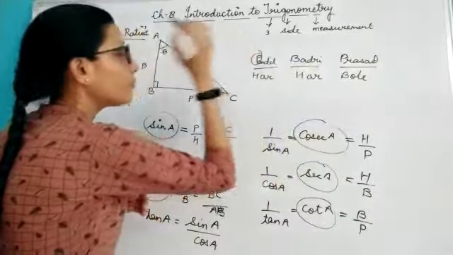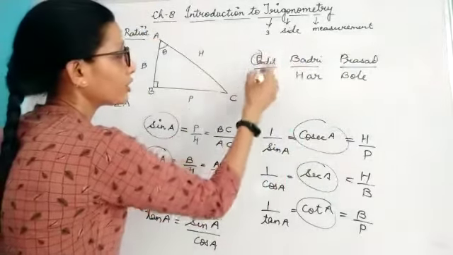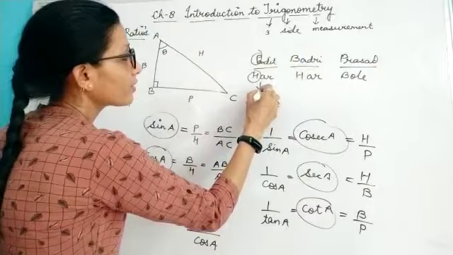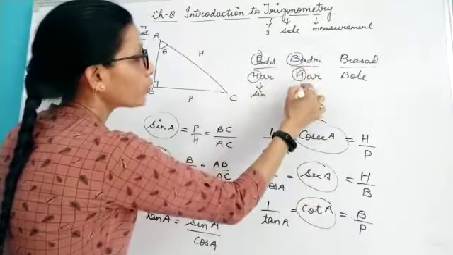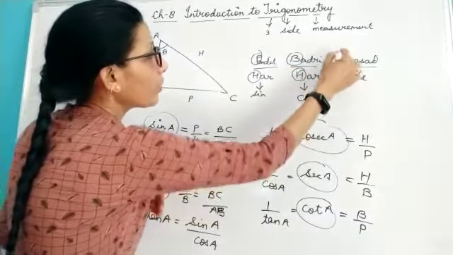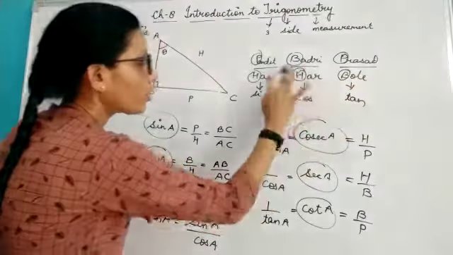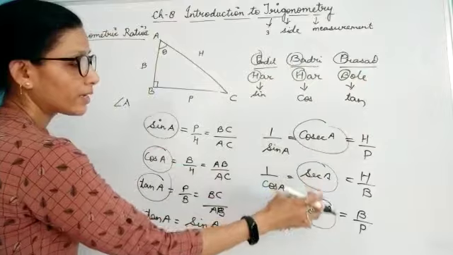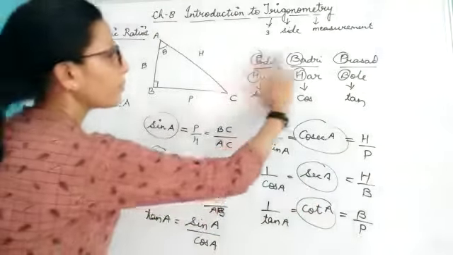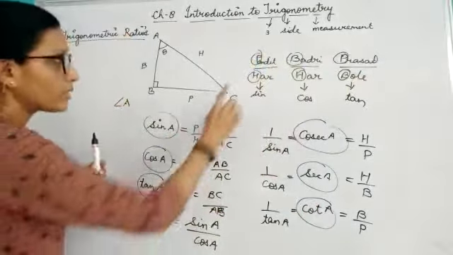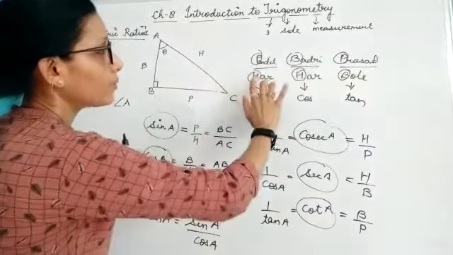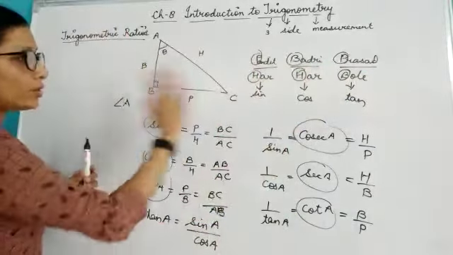So P by H will give you sine, B by H will give you cos, P by B will give you tan. And reciprocals of these will be cosec A, sec A and cot A. You can remember this sequence as Pandit Badri Prasad by Har Bole. So like this you can remember.